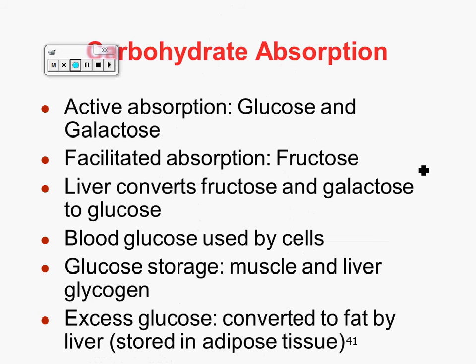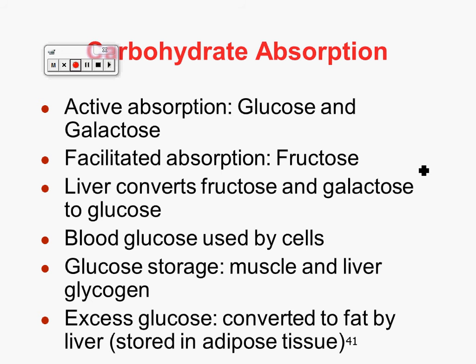And this is just the types of absorption. If it says active absorption, that means it's going to need energy and ATP to absorb these nutrients. So glucose, galactose. Glucose is co-absorbed with sodium. We'll get to that a little bit later. All right. And again, our liver can convert the fructose and galactose into glucose and either store it as glycogen or put it into the blood supply.